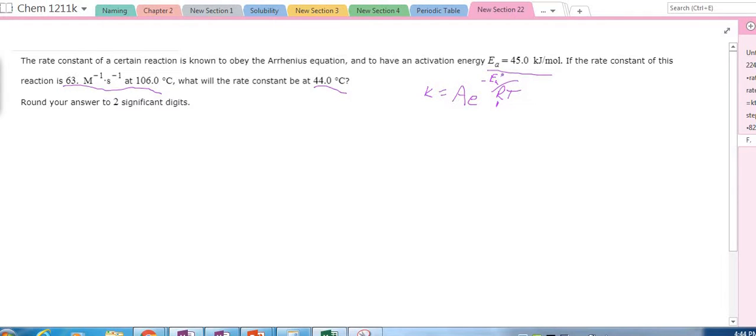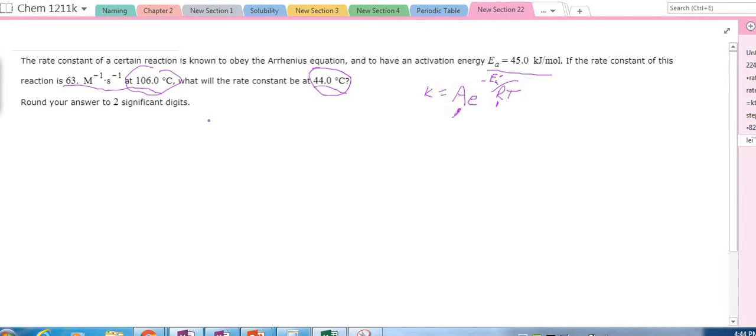They give us EA. Temperature, we have two different temperatures where we could calculate K, and then it's this frequency factor A that we just don't know. So what can we do? Since A isn't given, we can set up conditions where A cancels out. We'll call the conditions at 44 our K2, and the conditions at 106 our K1.